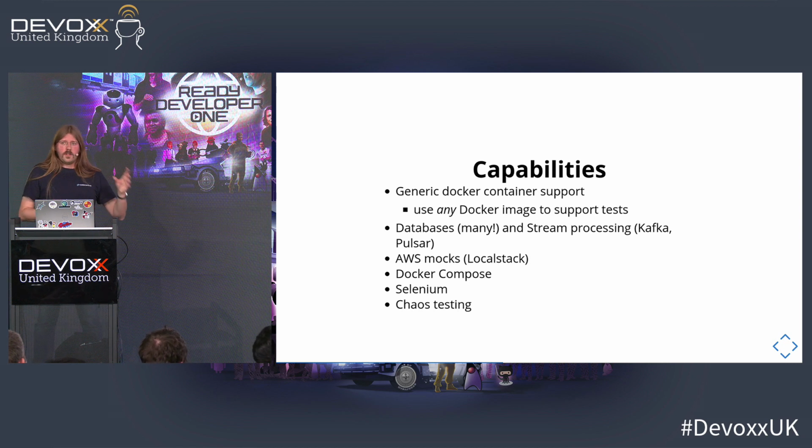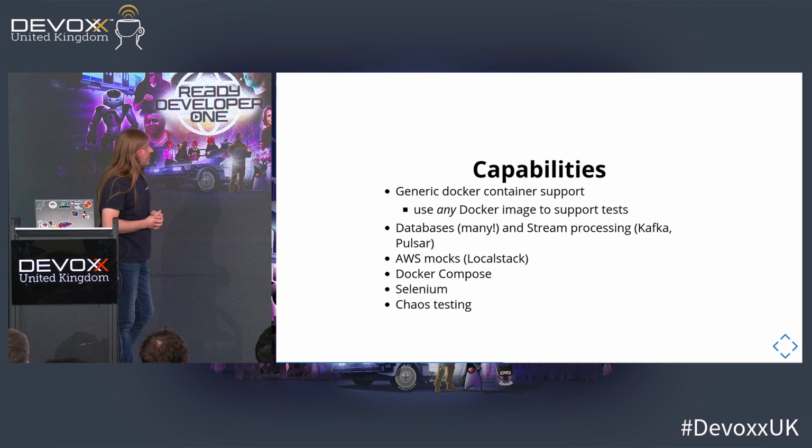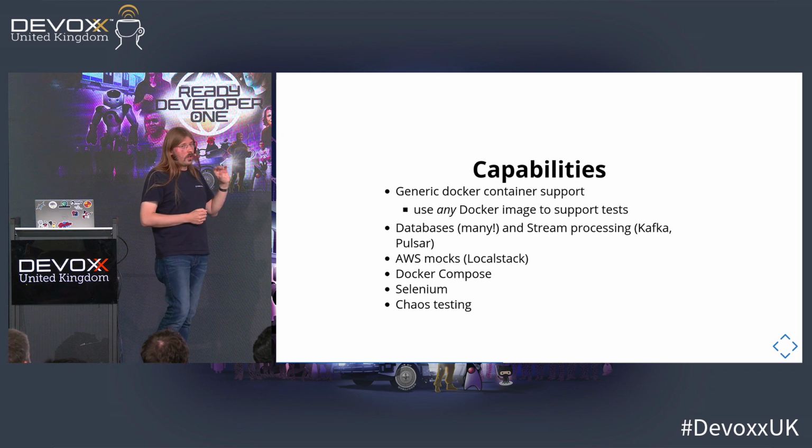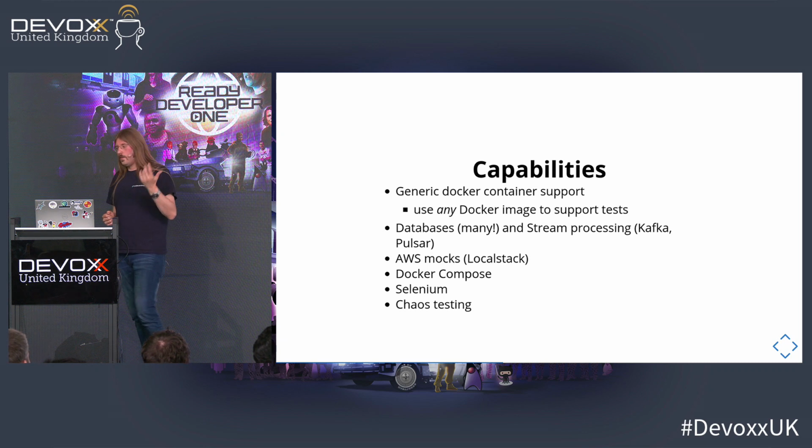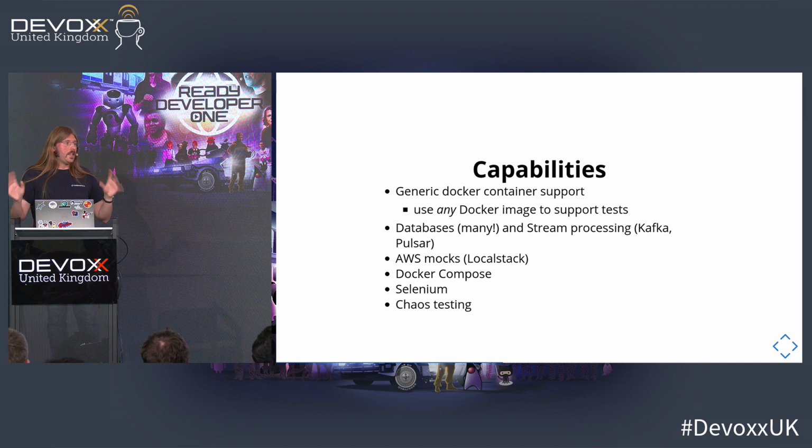But we also have some special support for certain kinds of containers or image categories. For example, databases: relational databases, of course, something like Postgres, but also many NoSQL databases like Cassandra or InfluxDB and so on.